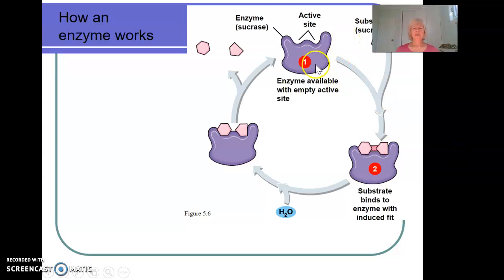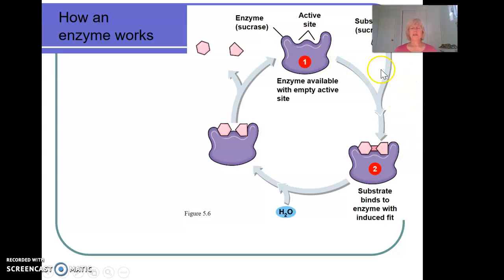So here we see an enzyme. In this case it's called a sucrase. So "ase" tells you that it's an enzyme, and sucrase tells you that it's an enzyme that is breaking apart sucrose, and sucrose is a disaccharide. So here is a sucrose molecule made from two molecules, one fructose and one glucose molecule.